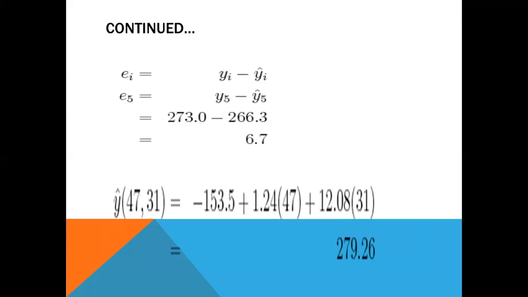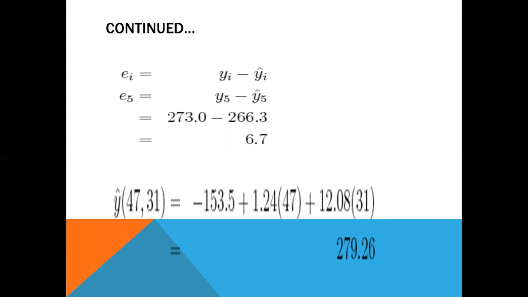Okay, so like this the multiple linear regression is solved. Then y cap, here we are providing a new set of x values, that is 47 and 31. When the new x values are 47 and 31, we substitute them here.